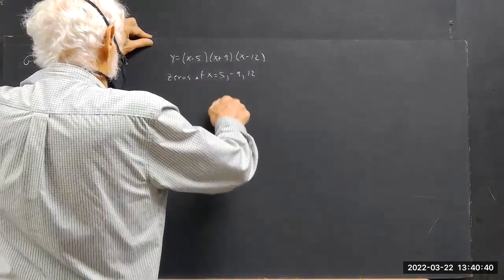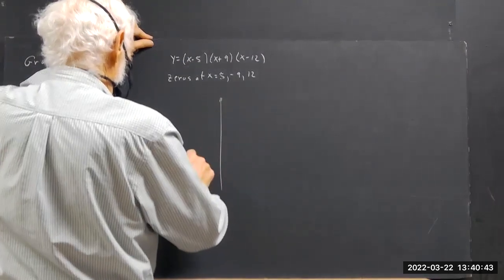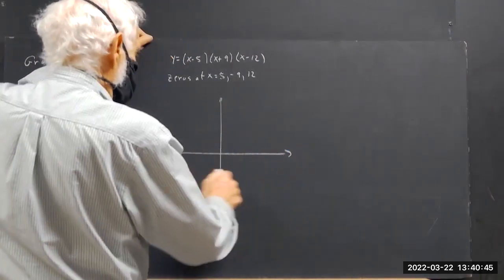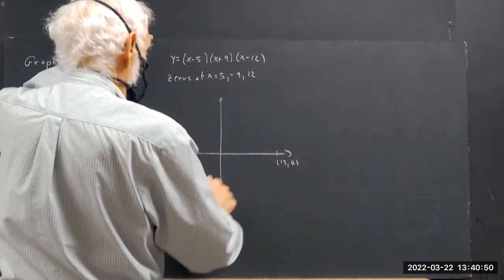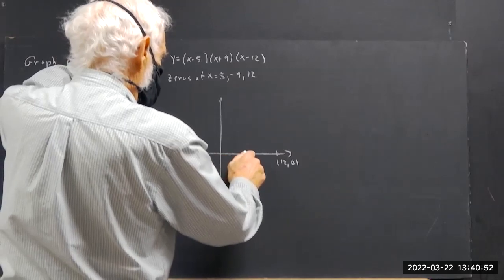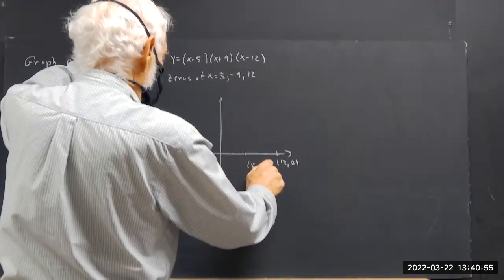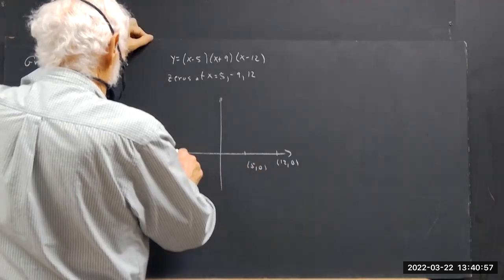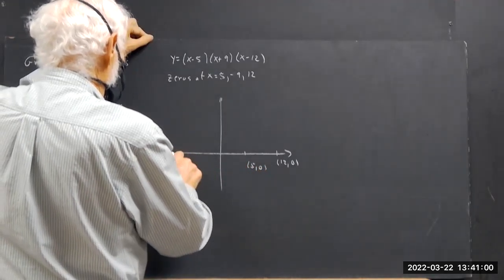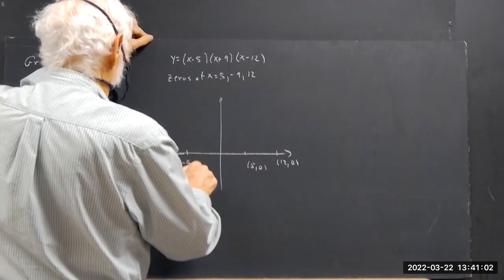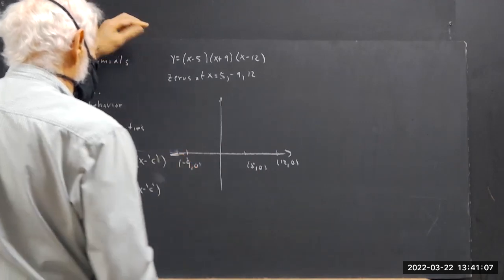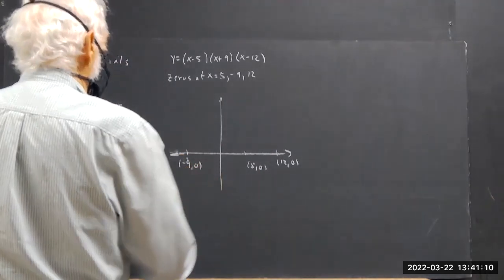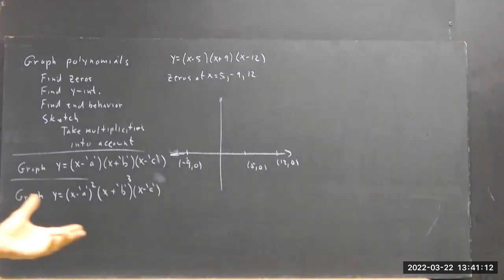So we know by this that we have zeros at this point, this point, and negative 9. Okay. Immediately, we got 3 points on the graph.